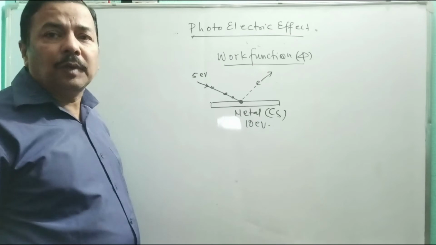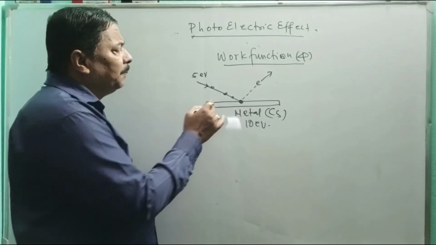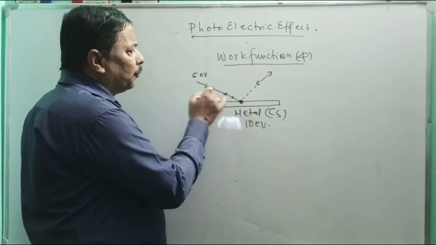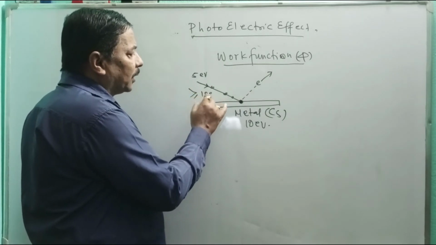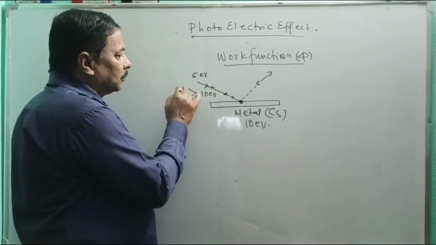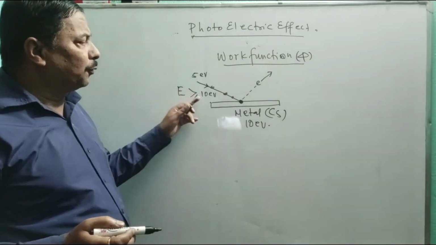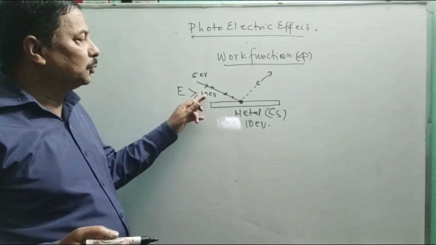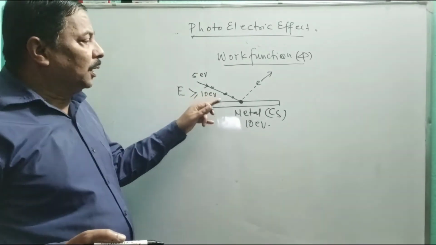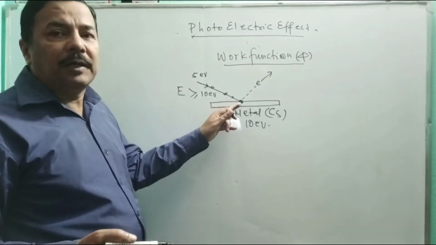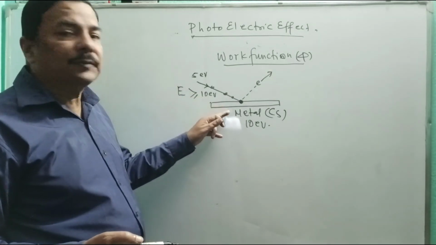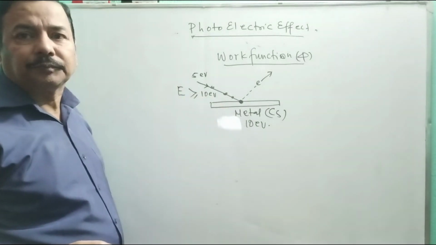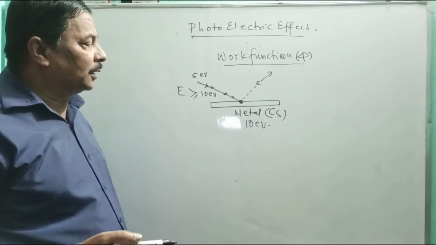So we have to understand that the energy of the photon should be greater than or equal to 10 electron volt. If the energy of the photon is greater than or equal to 10 electron volt, which is required for liberating this electron from the metal surface, then only we can expect the photoelectric effect. That is very important to understand.